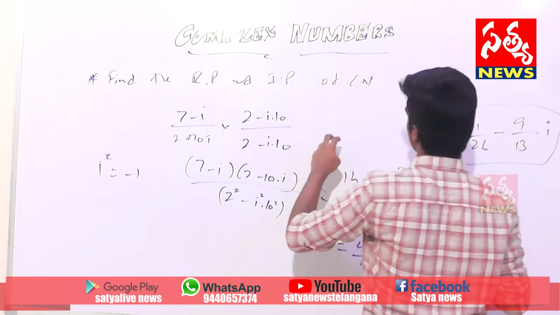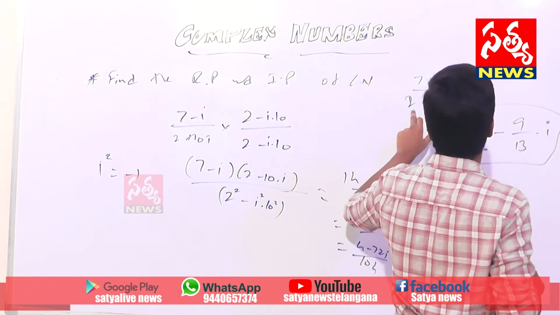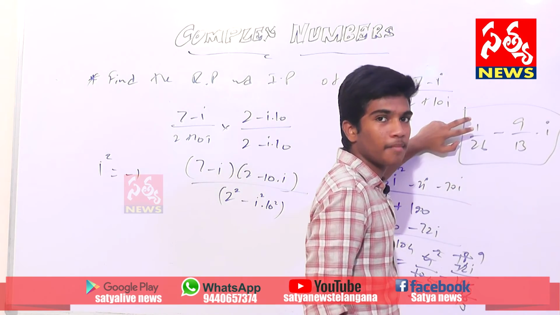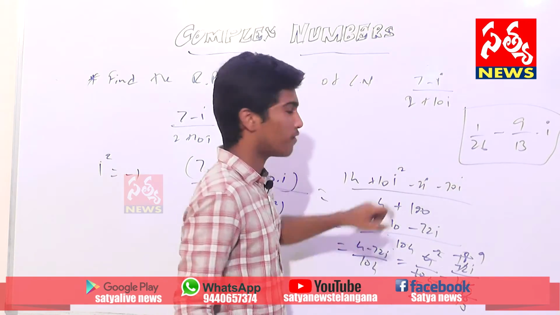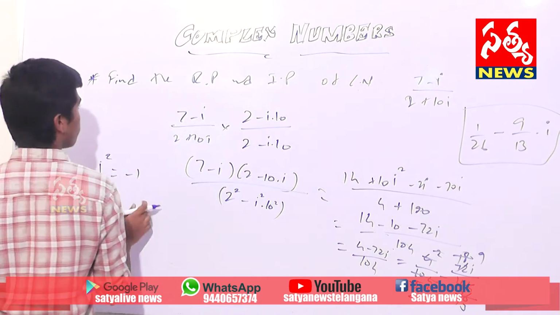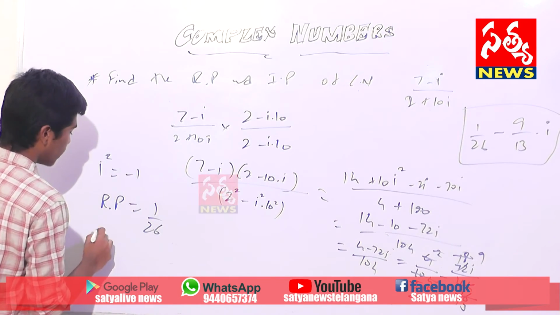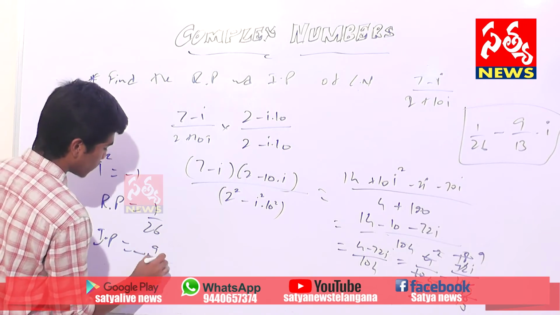Now we got the value of 7 minus i by 2 plus 10i equal to 1 by 26 minus 9 by 13 into i. It's a simplified form. So the real part is 1 by 26 and the imaginary part is minus 9 by 13.